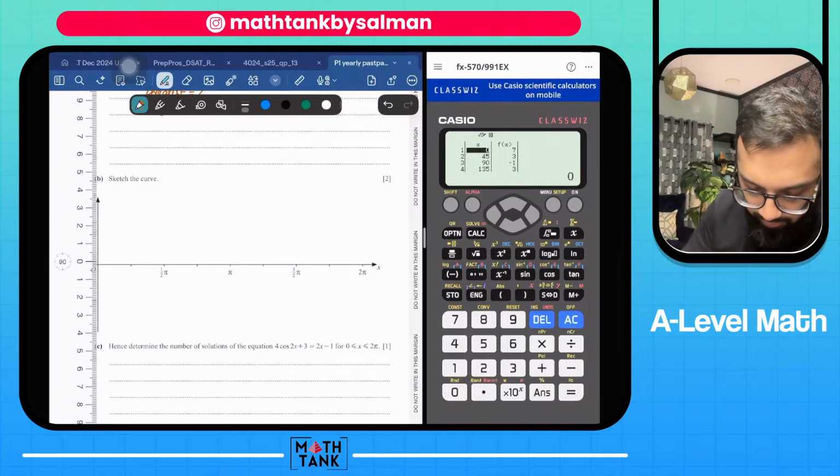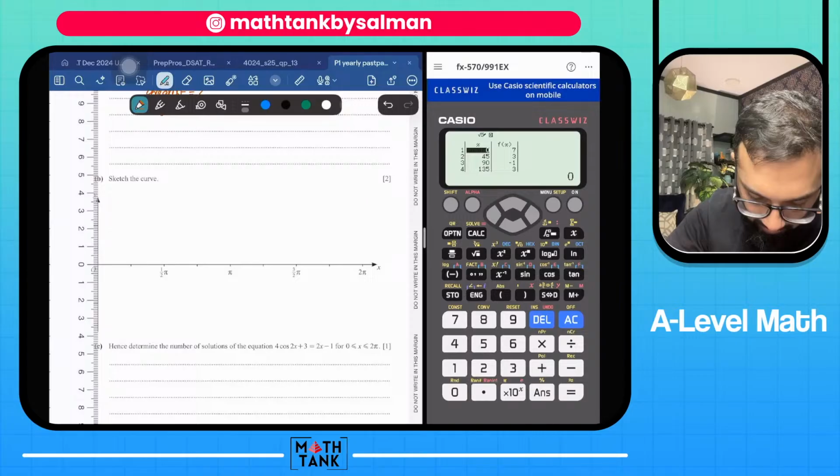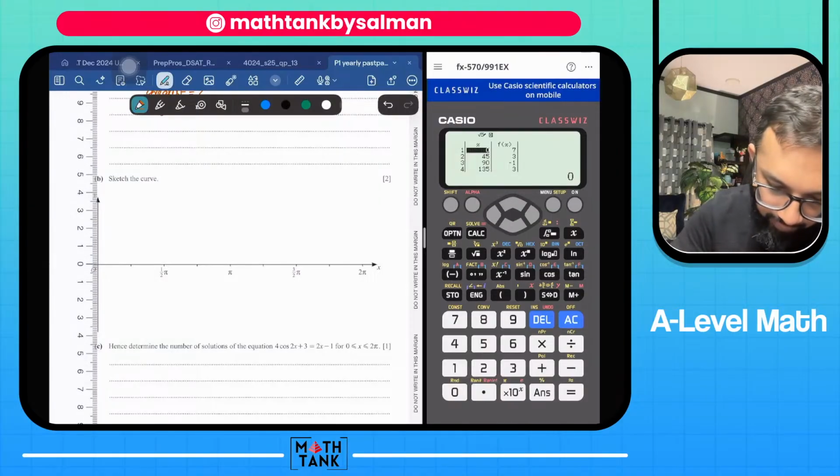On the exam, you should actually have a calculator that helps you mark your points. I'm also going to do that. 2, 4, 6, 7. 2, 4, 6.